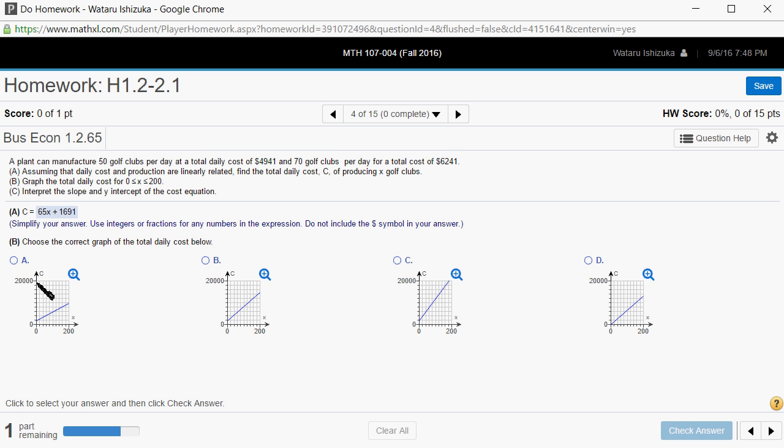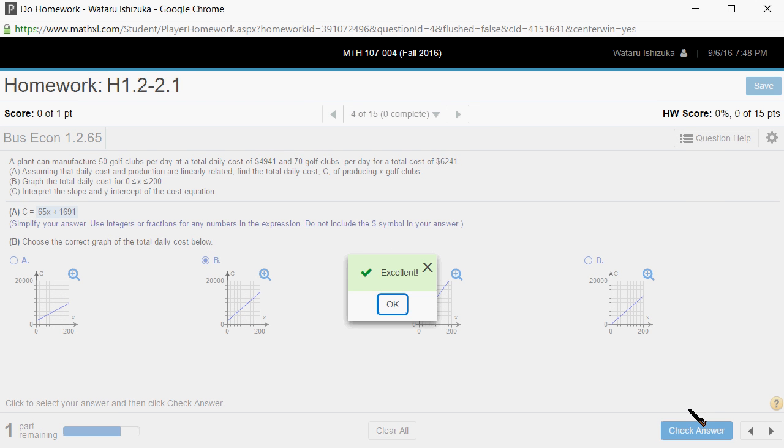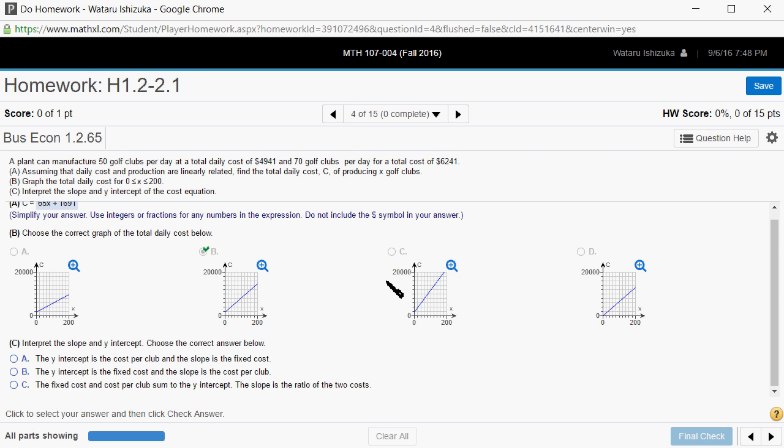Let's see, this is 20,000, so it's below half, so that's going to be it. So that looks pretty good. This one is way too big, so it's got to be part B. So let's check the answer. I'm just checking to see, go through the right point at x equals 200. Then let's check the answer. All right, so we got part B.